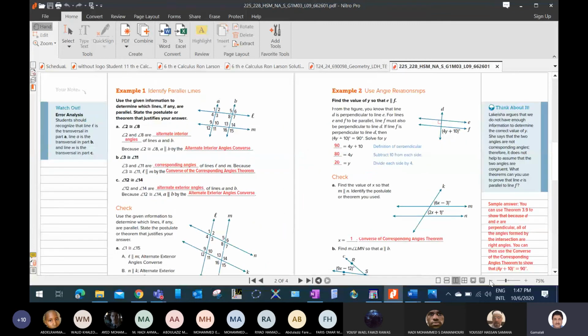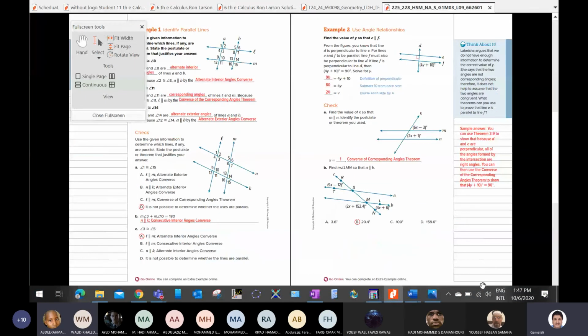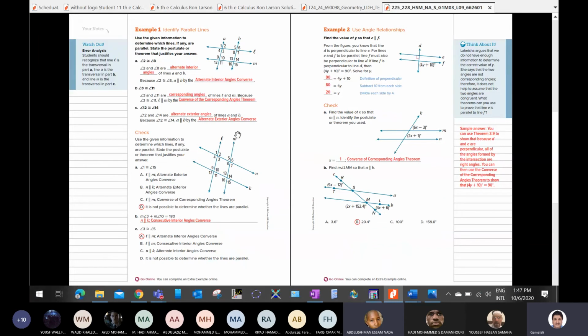Can you see the two pages, guys? Yes, mister, we can. Is this better? Can you see it well, or do you want to maximize it? Yes, it's good, mister. Anyone cannot see the screen?